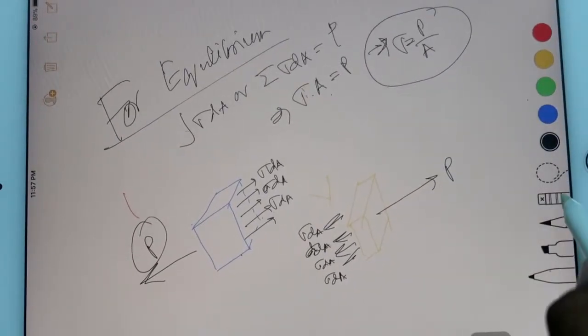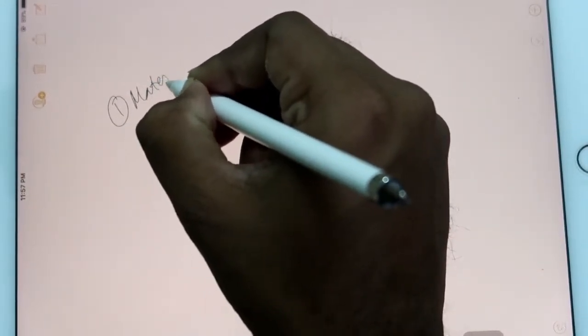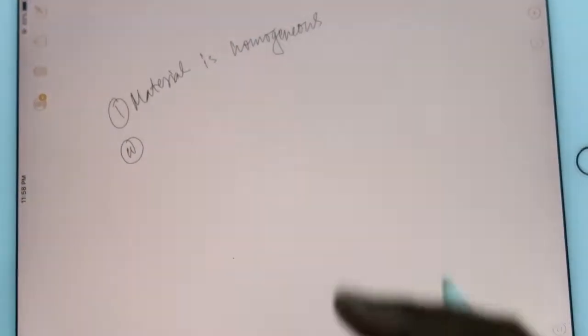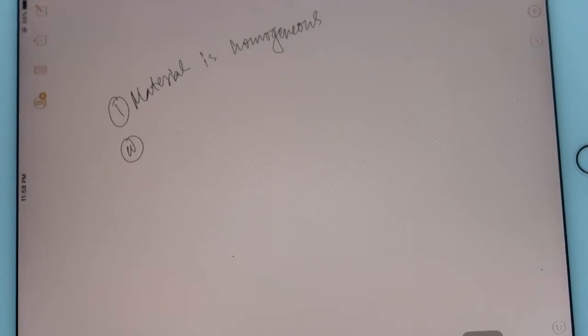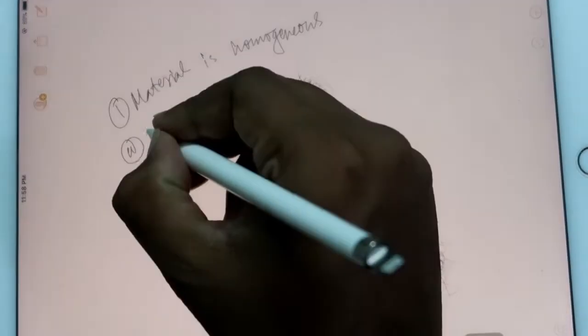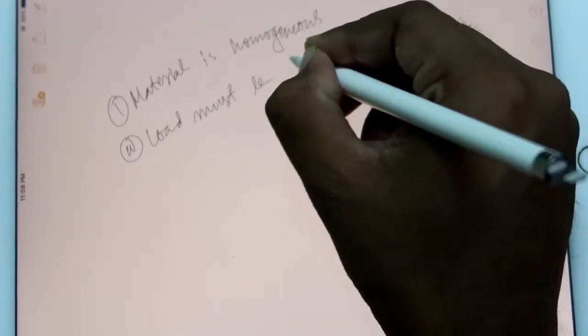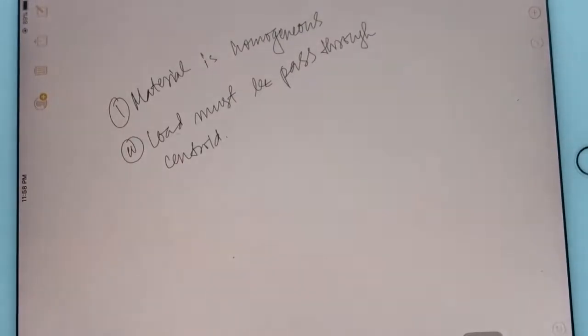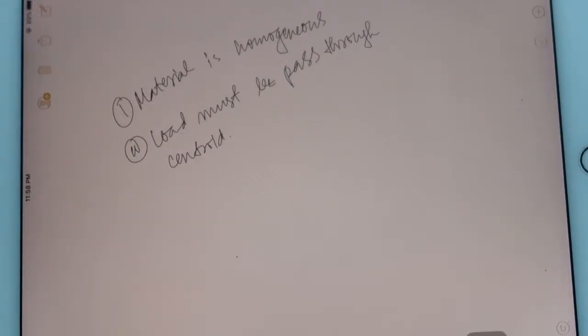Okay, there are some conditions. Point number 1, the material is homogeneous. Point number 2, the load must pass through the centroid. Hopefully everyone knows what a centroid is; if you don't know about centroid or center of gravity, do comment, then I will make a video about centroid.